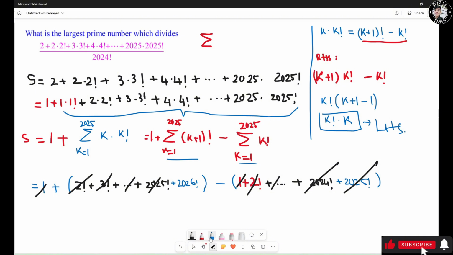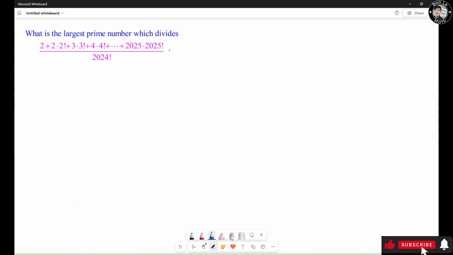So finally we have 2026 factorial. So this turns out to be 2026 factorial over 2024 factorial.